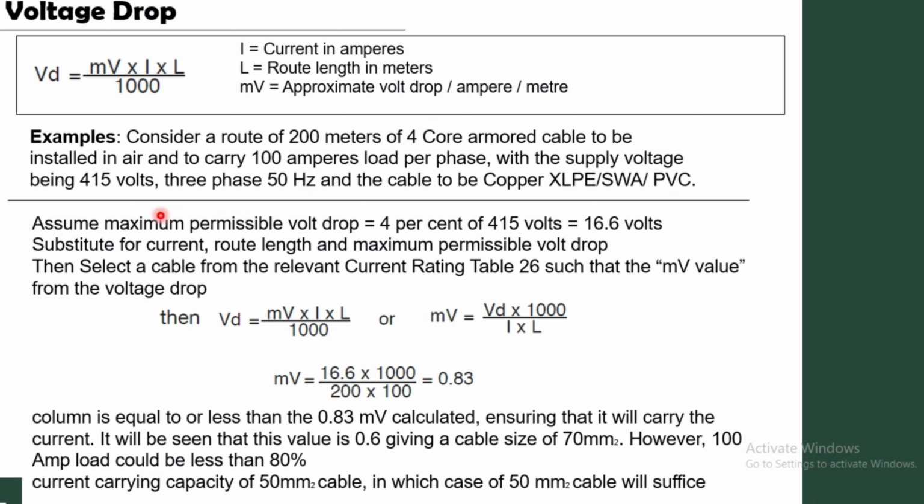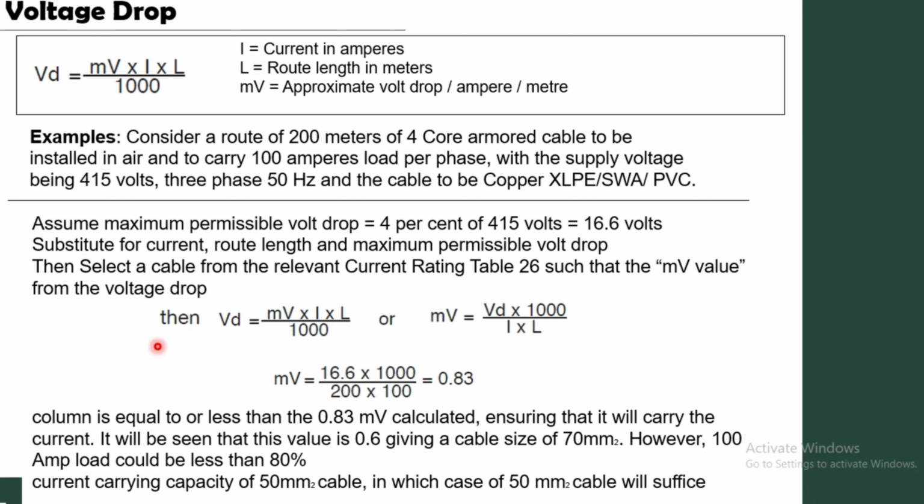See here, this is an example that says: consider a route of 200 meters of 4 core armoured cable to be installed in the air to carry 100 ampere load per phase, with the supply voltage being 415 volts 3 phase and 50 Hz, and the cable to be copper XLPE SWA PVC.